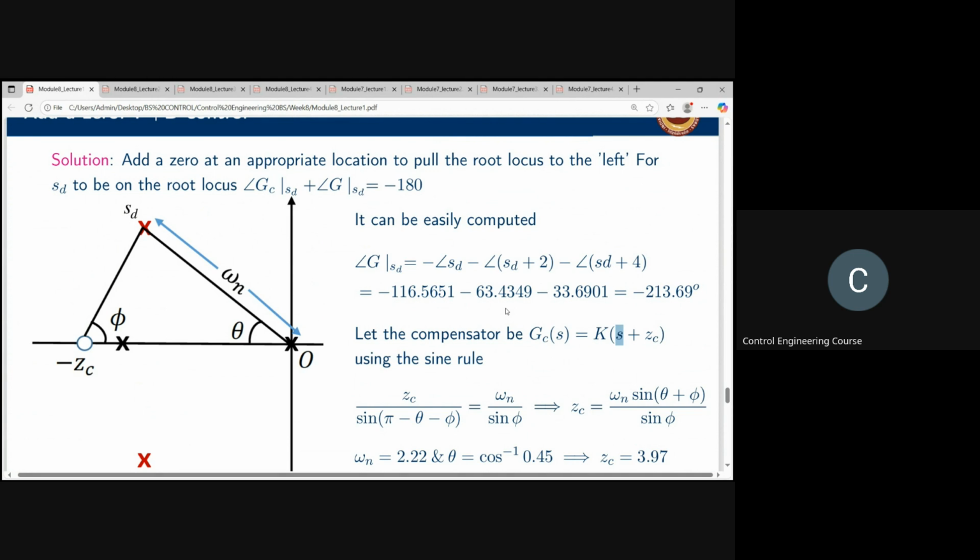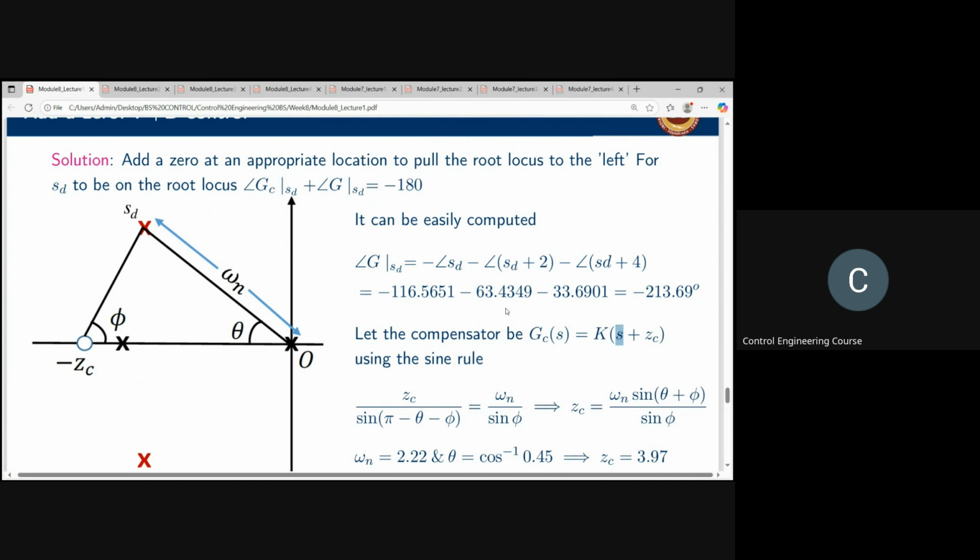Based on that, you can find ZC, and once you find that, by using the magnitude criterion, you can find K. Mod GH is 1 by K, right? So you can substitute and take the modulus and find K. And then after doing everything, you have to check that the non-dominant poles are actually far away, at least 5 times farther.